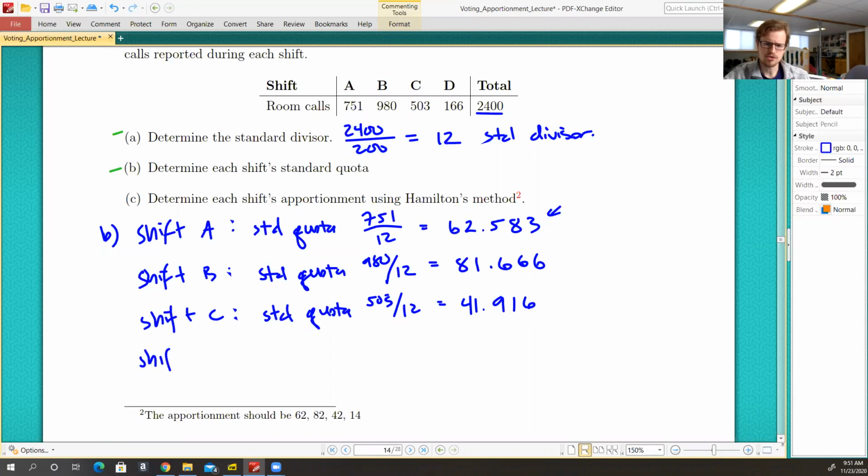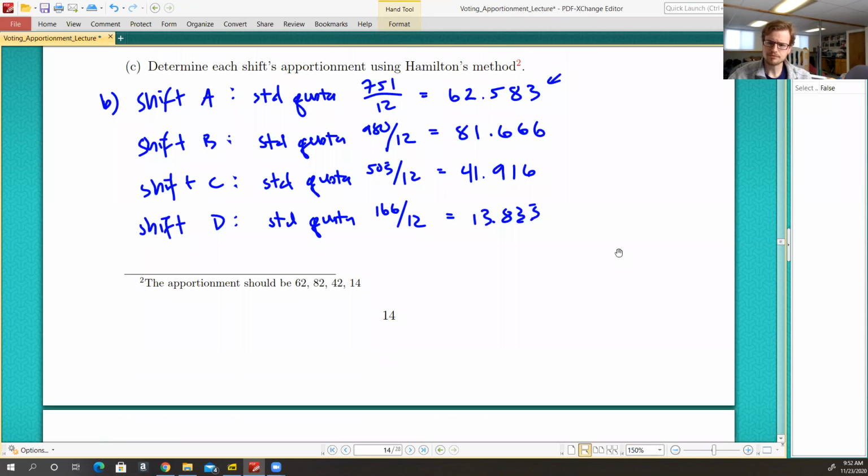And then we have shift D, and their standard quota is 166, the population, divided by the standard divisor, and that gives us 13.83. I believe the 3 is repeating, so 13.833. So this gives us our standard quota.